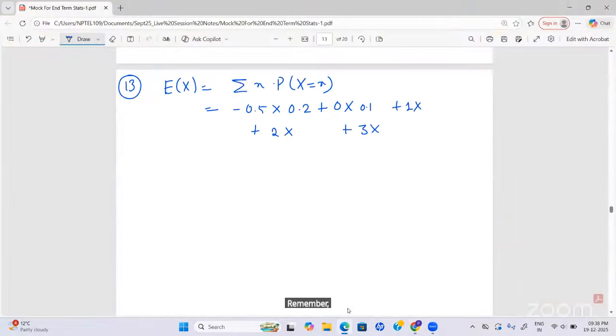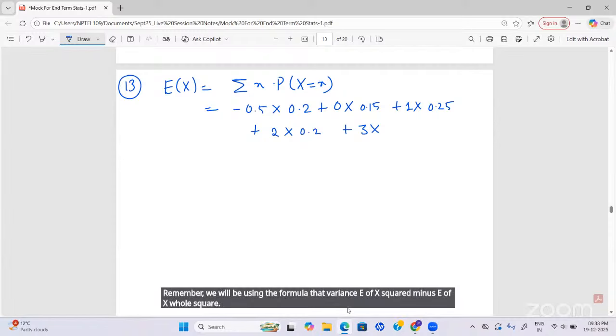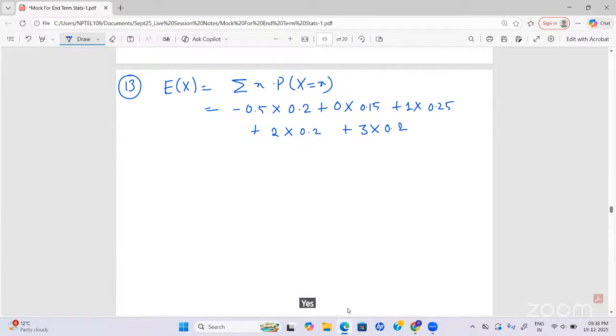We will be using the formula that variance is E of x square minus E of x whole square.